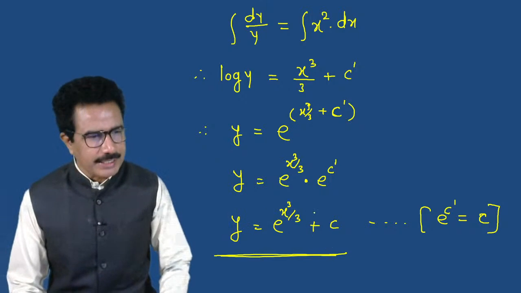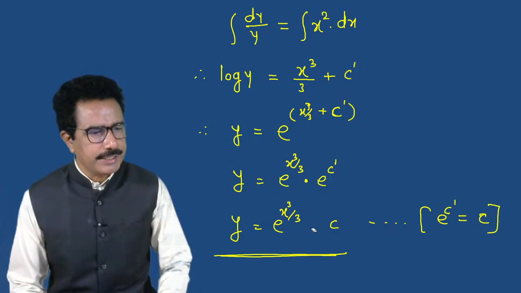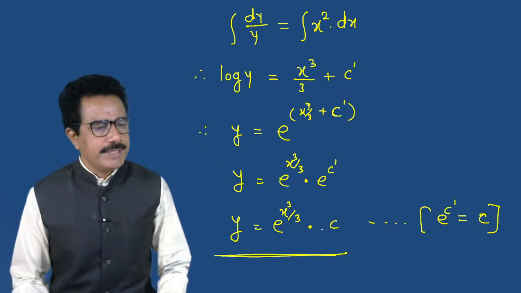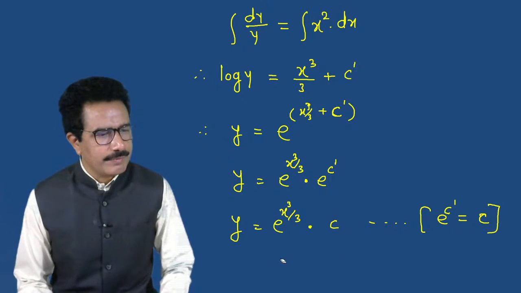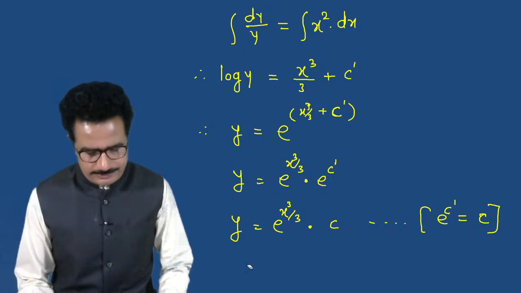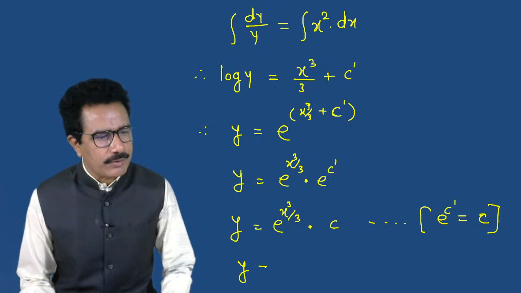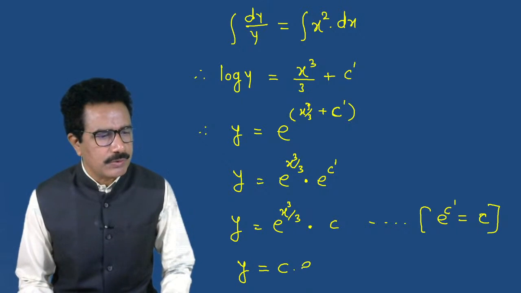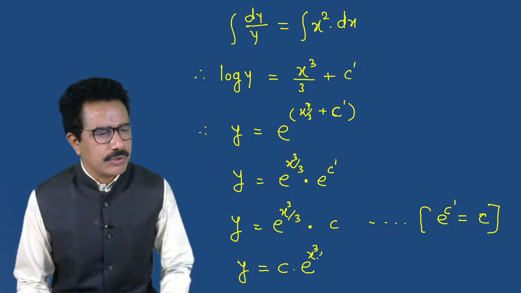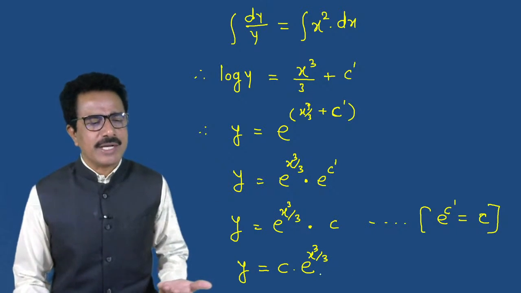इथं into येईल, 1 minute, sorry, इथं into येईल, means we can write this also, that is y equals to c into e raised to x cube by 3. आणखी याला सॉल्व करता येतं.